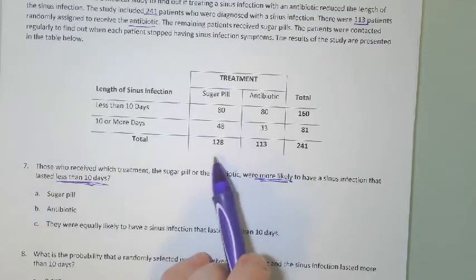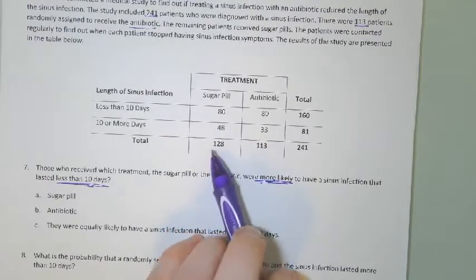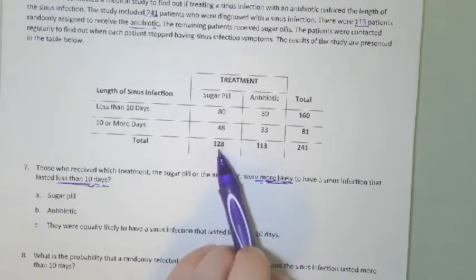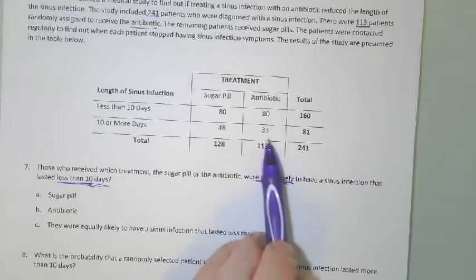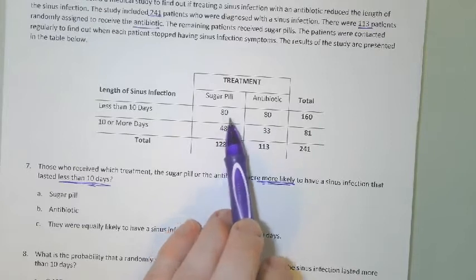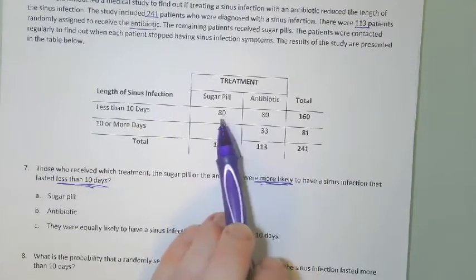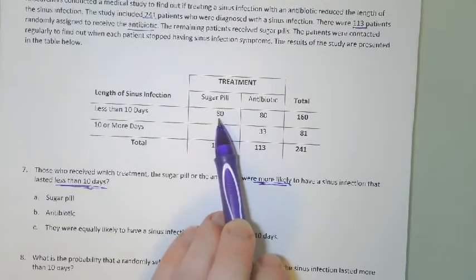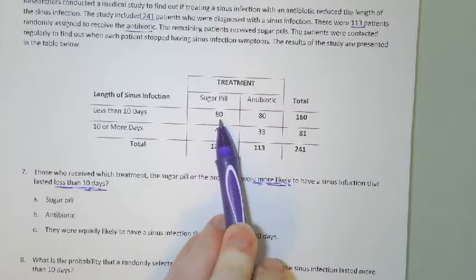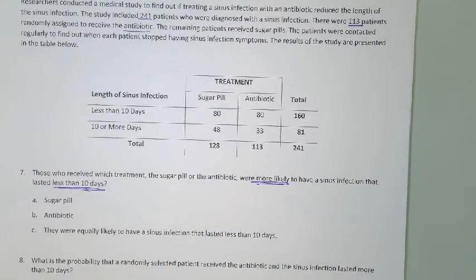but that's not necessarily the case, because we have different total amounts for those who received the sugar pill treatment and those who received the antibiotic treatment. While the sugar pill and the antibiotic may have the exact same value here, it doesn't necessarily represent the same proportion or likelihood that their infection lasted less than 10 days.